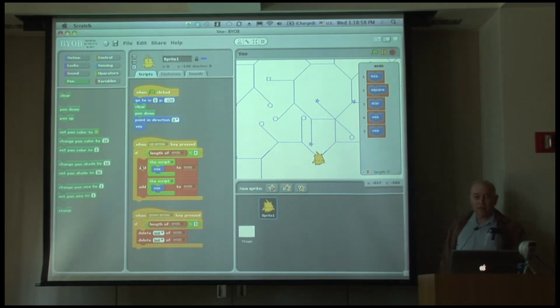This add block is one of the standard Scratch list blocks. And I'm saying add the script V to ends. So the script is the part that I haven't talked about yet. That's the next big idea, the one about higher order procedures. For the down arrow key, if there's more than 3 elements, just delete the last 2. So that's how I did the adding.